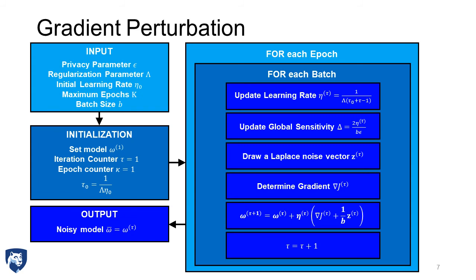A Laplace noise vector is drawn and then scaled by 1 over the batch size. This scaled noise vector is injected into the gradient of the objective function. Omega is then updated, followed by incrementing the iteration counter. This process proceeds until a noisy model, omega bar, is received as output.